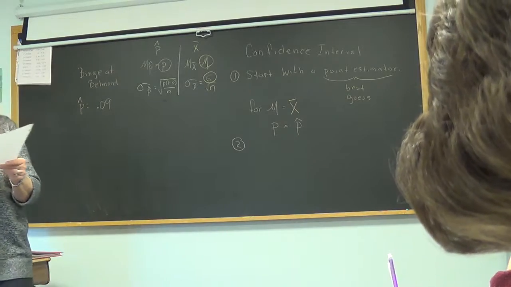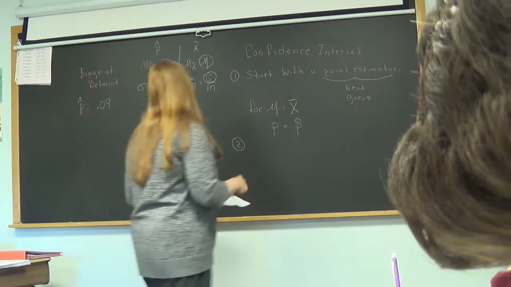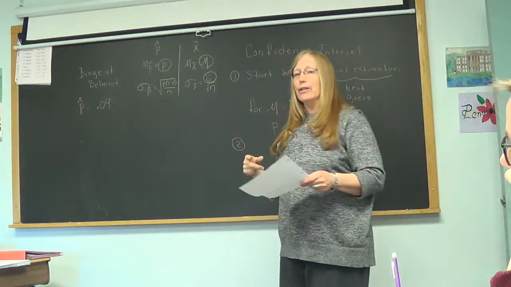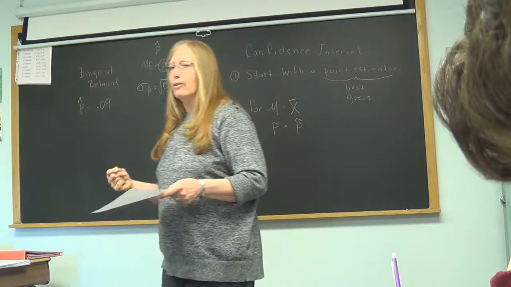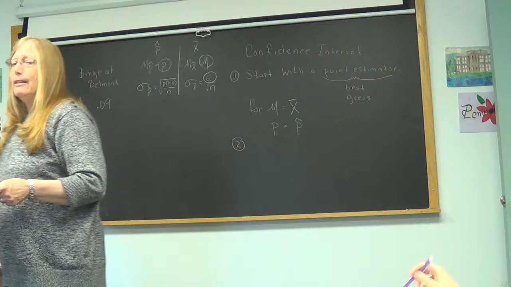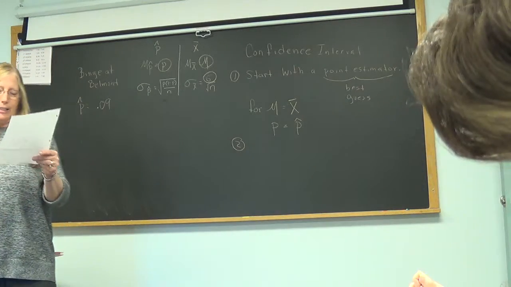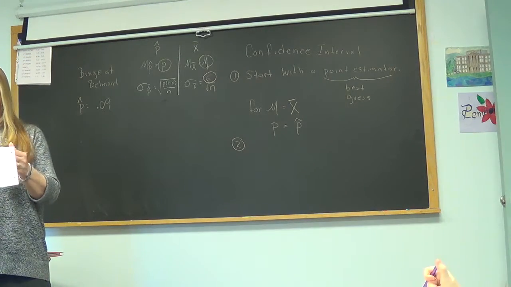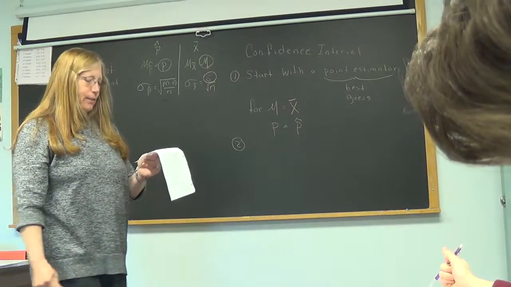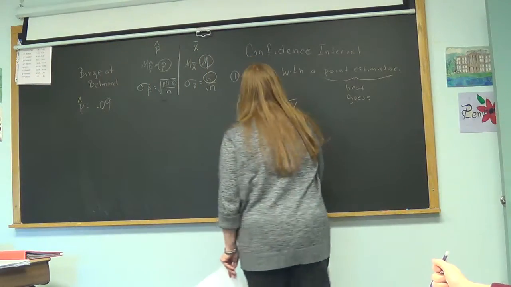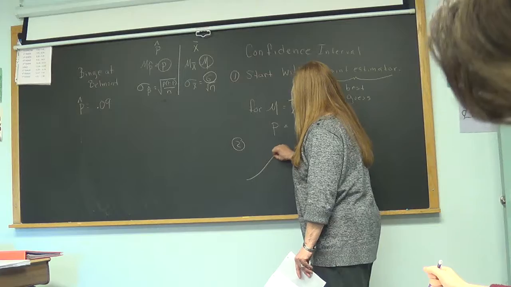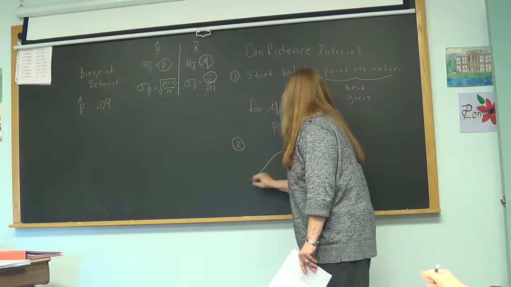Then you're going to do that over and over and over again. In theory, you're going to have a sampling distribution for p hats or X bar or any statistic that you're interested in. So remember, we're going to take many samples and we're going to look at a sampling distribution.